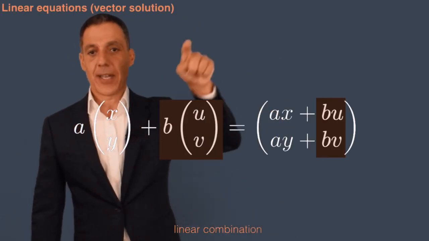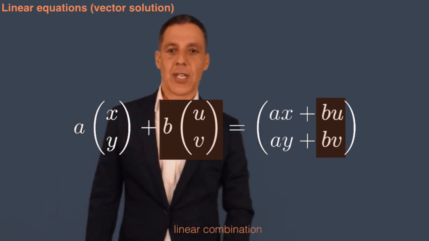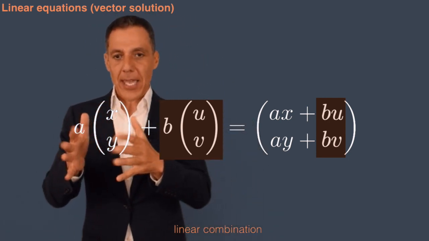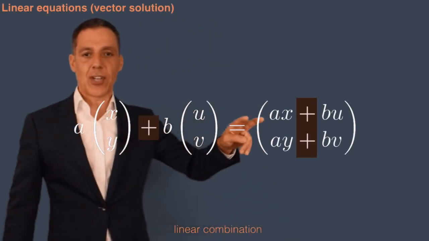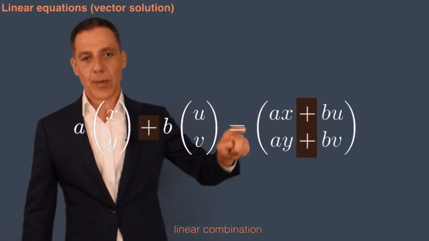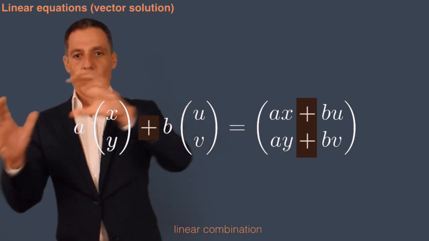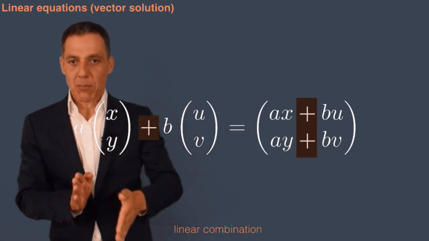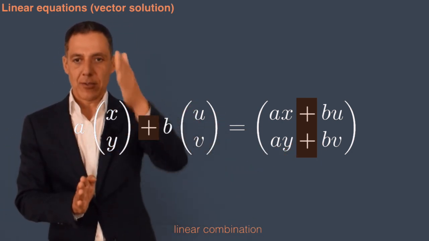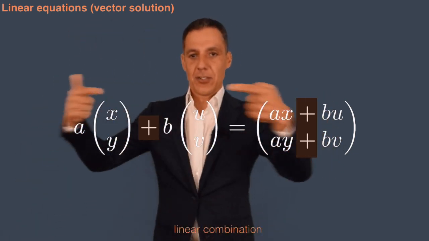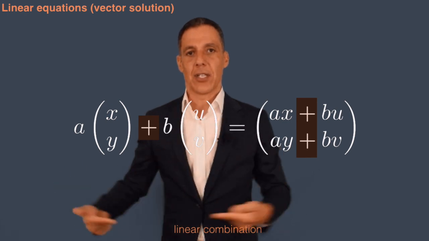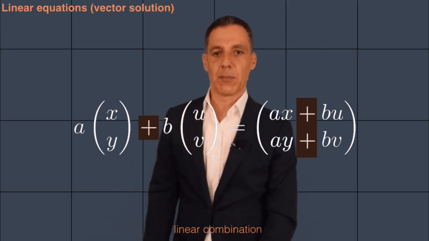You take that scalar value and you multiply it by all the components. And if I have ax, ay here and bu, bv here, well then the sum is simply ax plus bu, ay plus bv. So scalar multiplication is you multiply all the components of the vector by the scalar. And addition is you pointwise or pairwise sum all of the components.